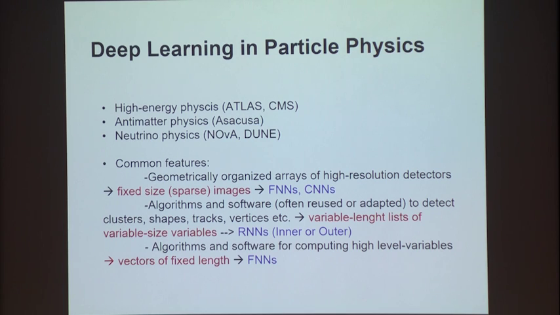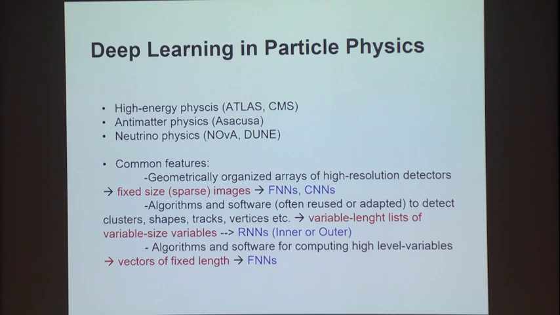Because what you have are beautiful detectors that have complex geometry, and the geometry may vary from one experiment to the other, but you have these detectors. And these detectors basically produce images, right? Energy deposits, etc. So you get images, and if you want to work at the image level, you can start here.